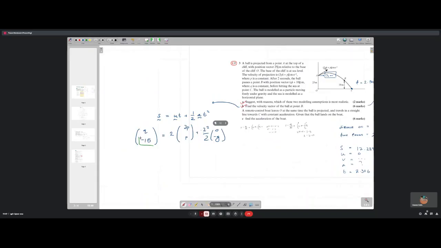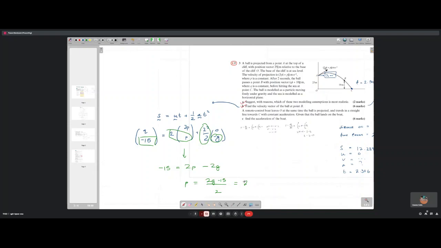If you look at the bottom component, ignore the top bit, you can actually solve for p. So if you look at the j component, you would have minus 15 is equal to 2p plus 2 squared over 2. Well, that would just be 2. So then that would be minus 2g. So p will be equal to 2g minus 15 all over 2.